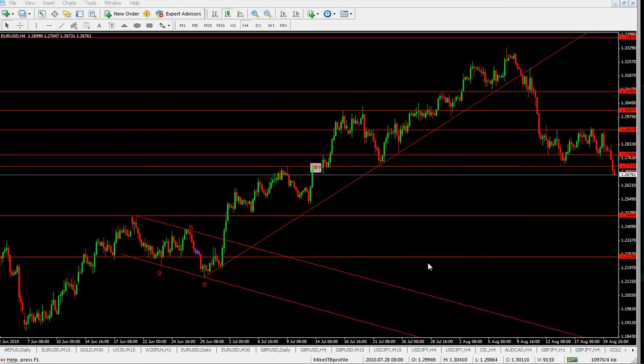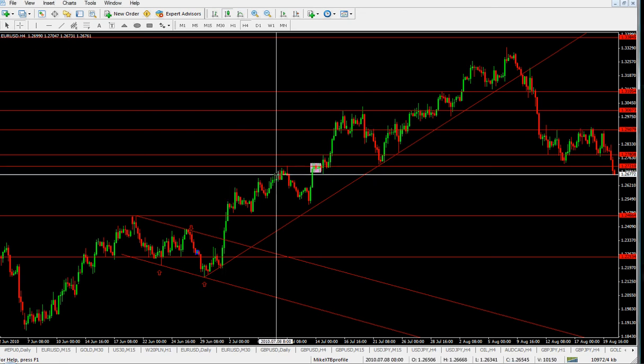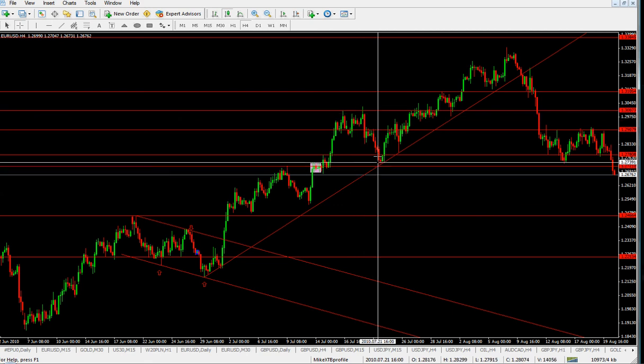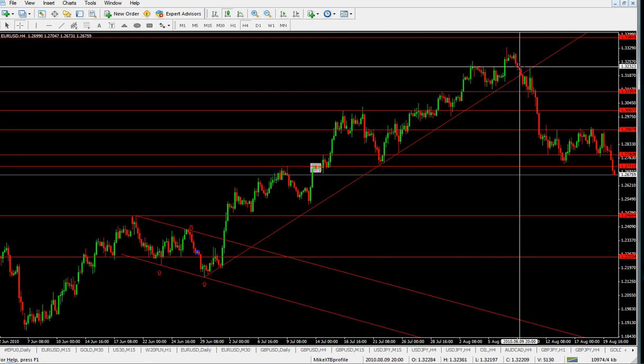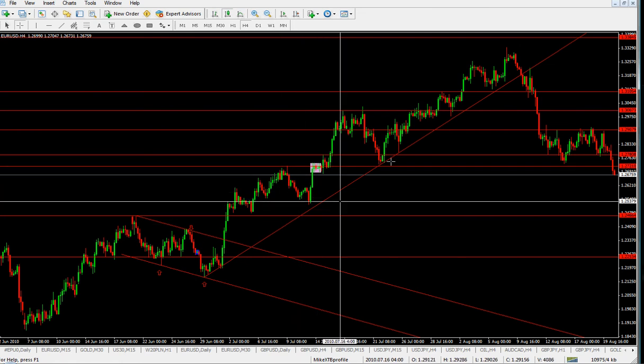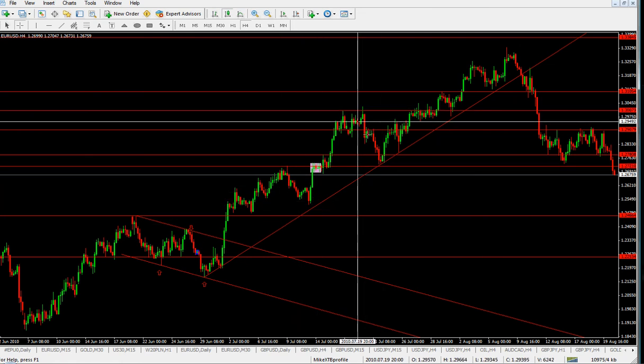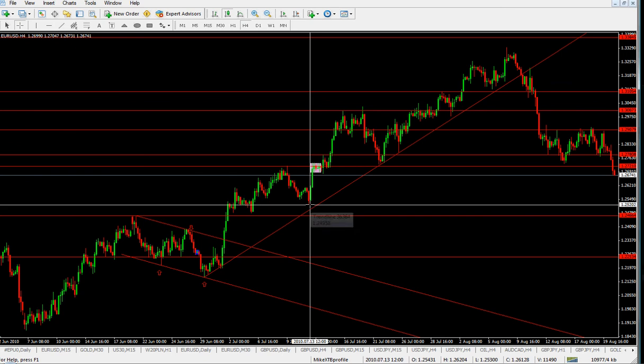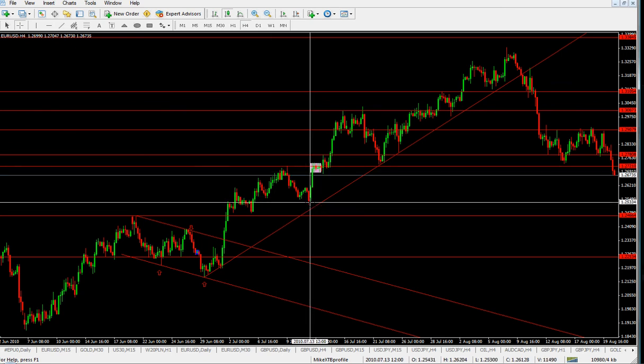Last but not least, we're going to discuss corrective waves, the moves I'm showing right here and right here against the trend. We're going to call those the regular correction waves. They are not really changing the trend, they are just moving against the trend for a short period of time.